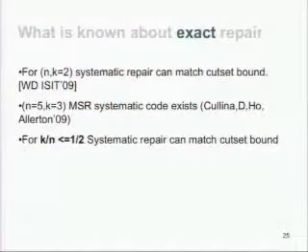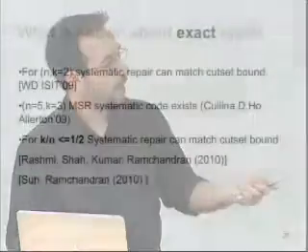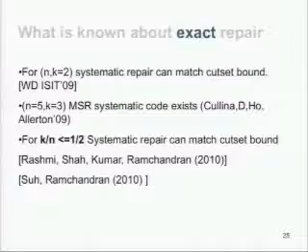And then there were some results by these two groups that show that if the rate of the code is less than 1/2, then exact repair can match the cut set bound. So this generalizes this result, but not necessarily this one. But they have a very specific code.